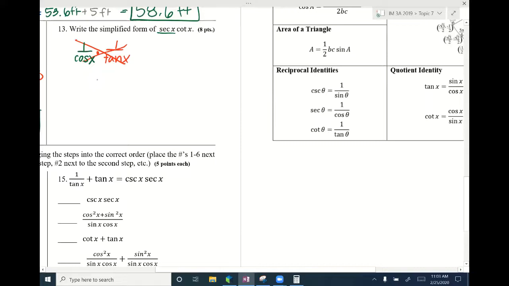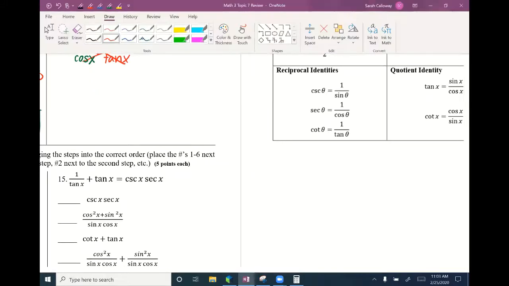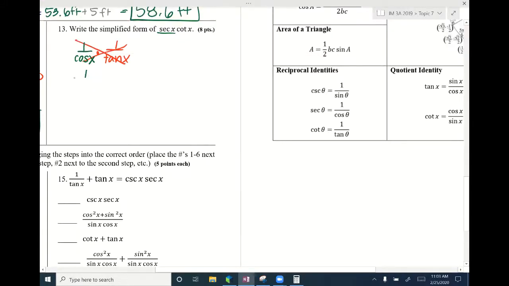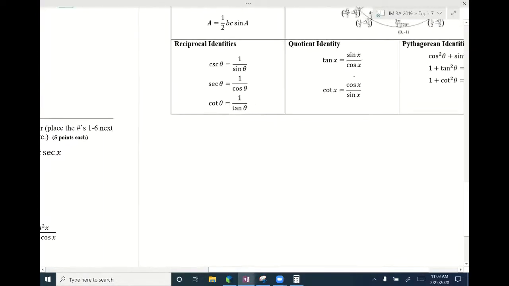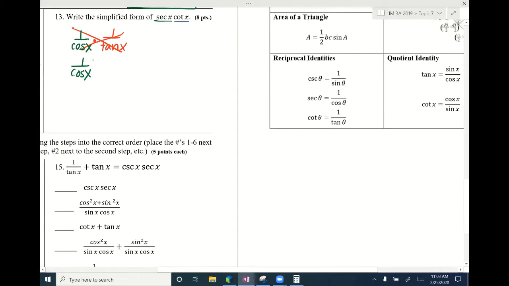Sorry, I need to switch back to green. I thought I did. 1 over cosine of x. And instead of using 1 over tangent of x for cotangent, it's better for me to use cosine over sine. So if I use cosine x over sine x, I'm actually able to reduce my cosines and get 1 over sine of x.